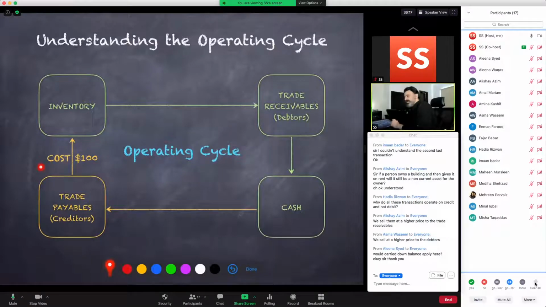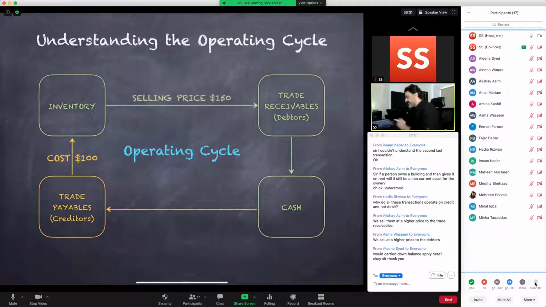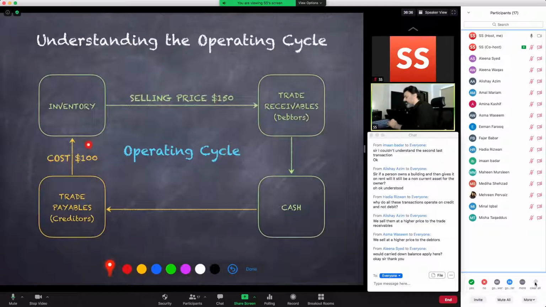So this is where the profit is. When you buy goods from your creditors, let's say they cost you $100. And as Alicia and Asma have mentioned, when you sell these goods to your debtors or your trade receivables, the selling price is always going to be higher than the cost of the goods that you have sold, right?